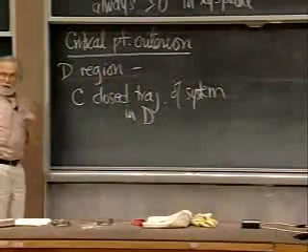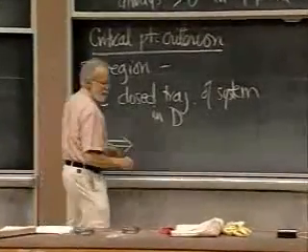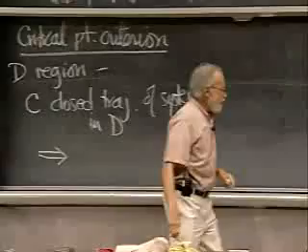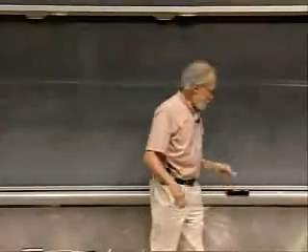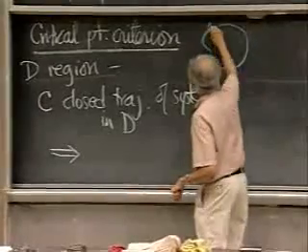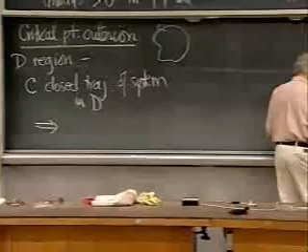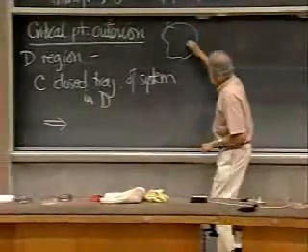For the critical point criterion, it says something very simple. If you have that situation, it says that inside that closed trajectory, there must be a critical point somewhere. Ta-da!